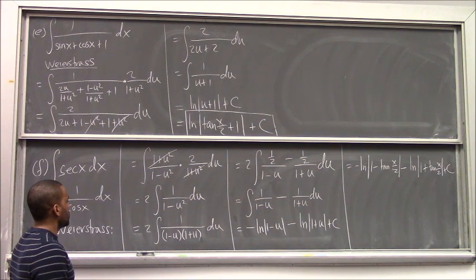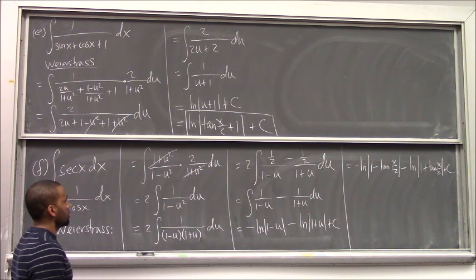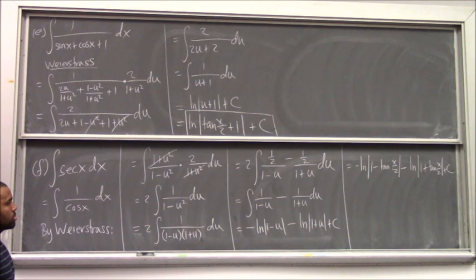Could you just combine it and then multiply by 1 plus u over 1 plus u? At what point are you talking about? The one before, the ln of 1 minus u. You combine them, and then multiply by the denominator and the numerator.